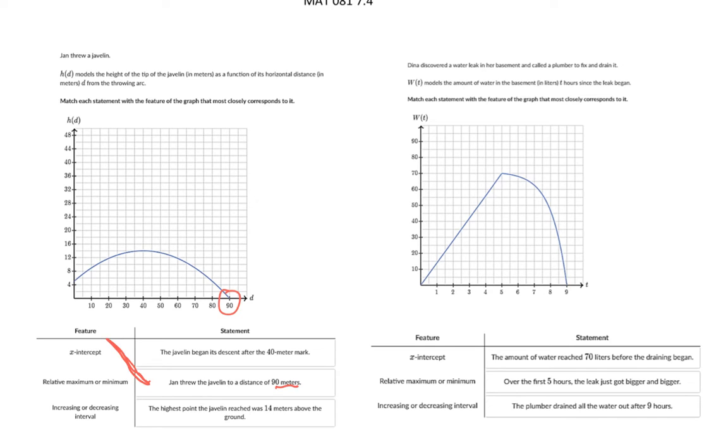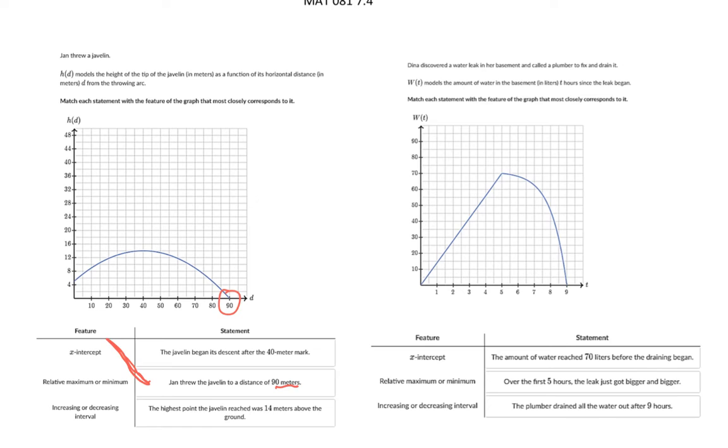Then we have relative maximum or minimum. Remember that's either going to be talking about the highest point or the lowest point. Usually when we're talking about a maximum or minimum, you're going to look a lot at its x and y value.